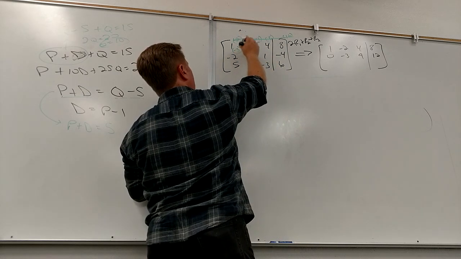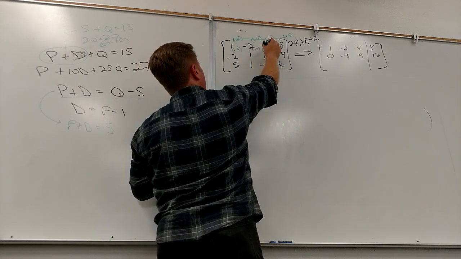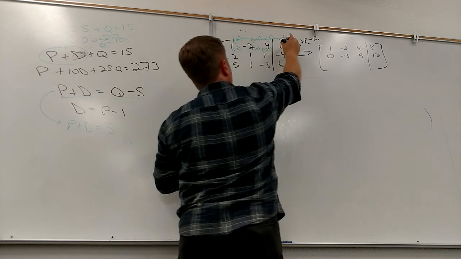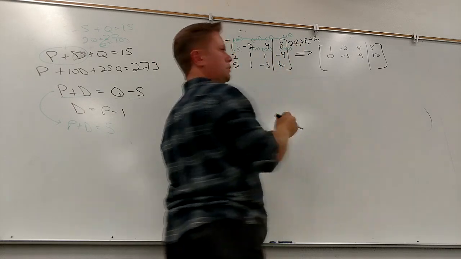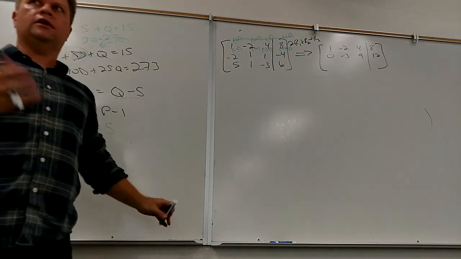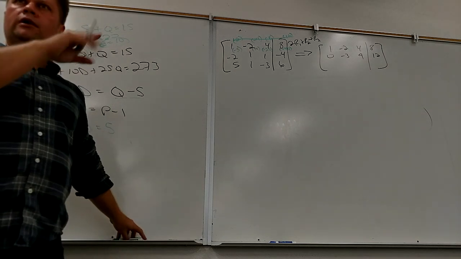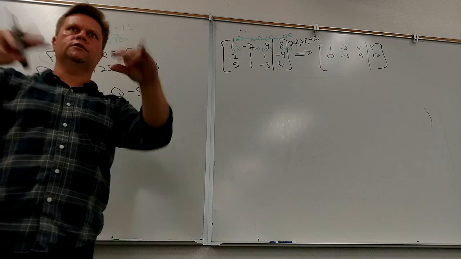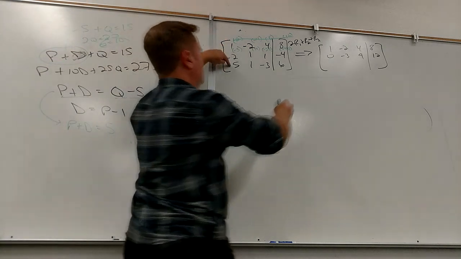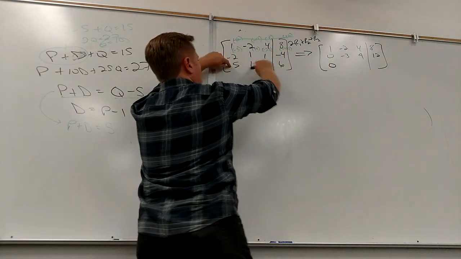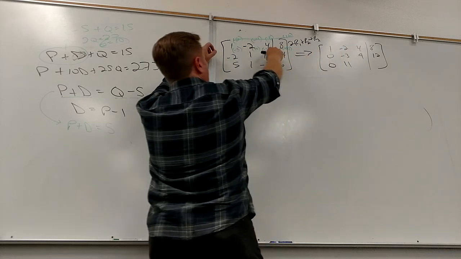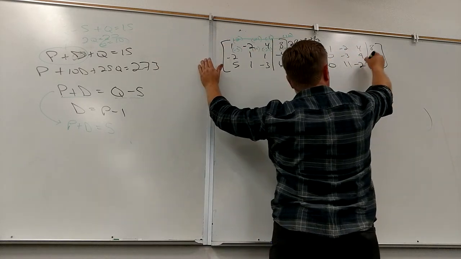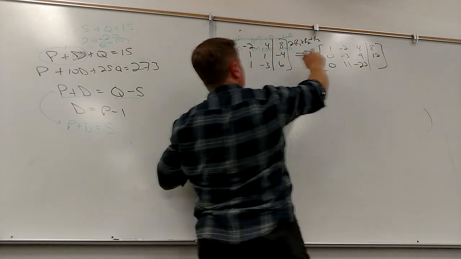We get negative 5, 10, negative 20, negative 40. And again, you don't have to cram it all together. You could write the whole rows down and add them together, whatever works. So then I get 0, 11, negative 23, and negative 34.